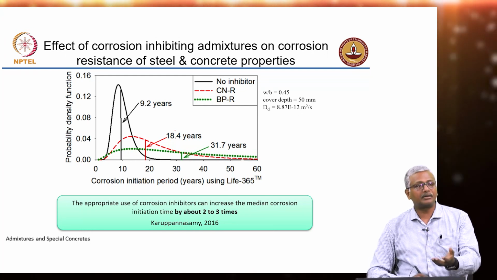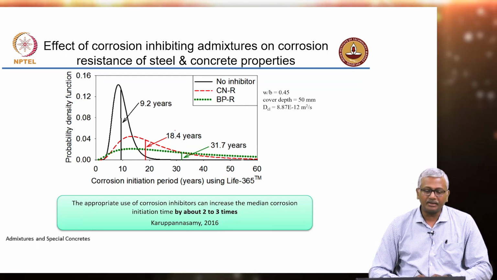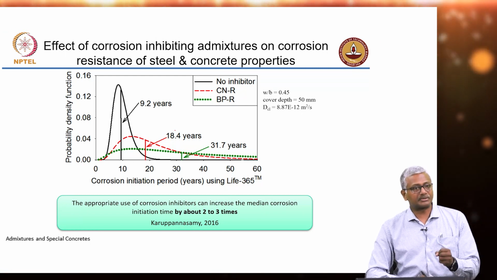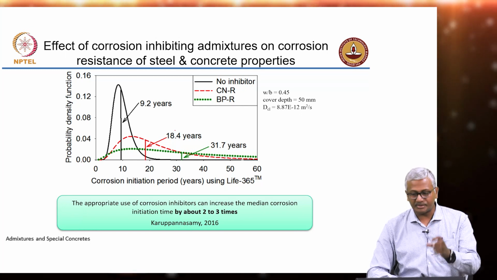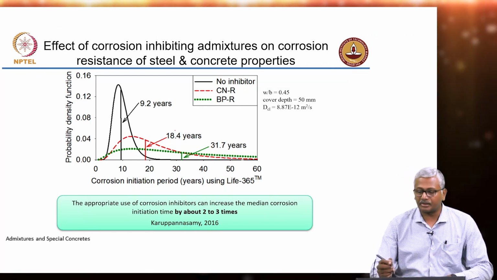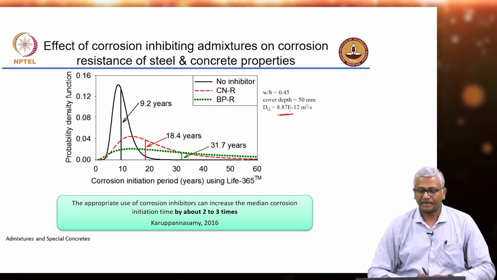Now, there are models available that can actually look at the service life of the structure using these inputs, what kind of water cement ratio you are using, what is the cover depth of your system, what is the property of the concrete in terms of chloride diffusion coefficient, right.